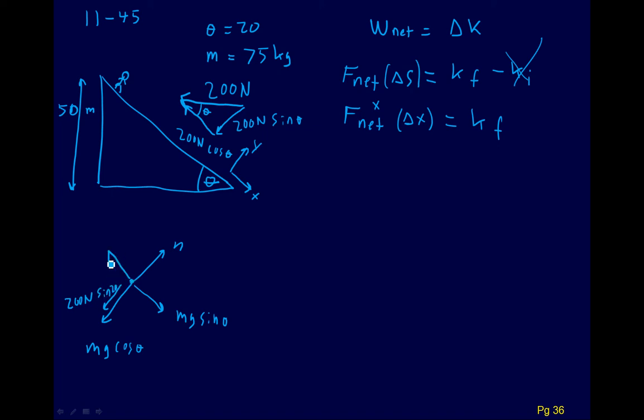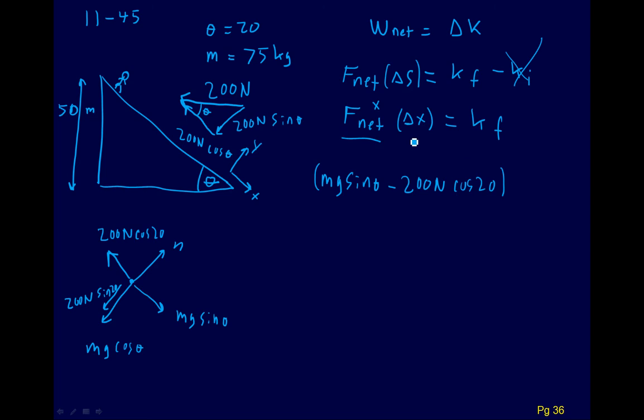And then this wind force that's basically pushing back on the person in our x direction is 200 newtons cosine of 20. So these are the forces, and our F net is going to be mg sine theta positive, and then negative 200 newtons cosine 20. That's our F net in the x direction.